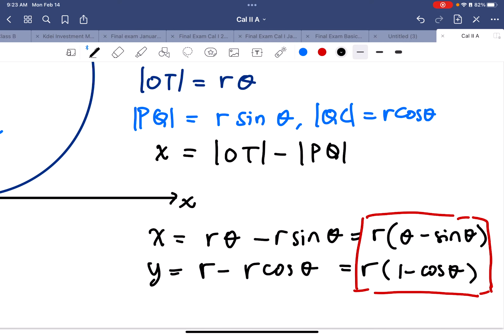To identify the cycloid's position, we can check for some theta from 0 to 2 pi how it's moving, and we can also set some radius to get the value for the distance.